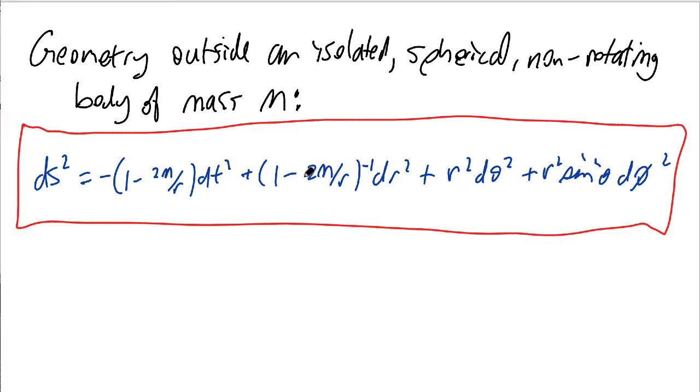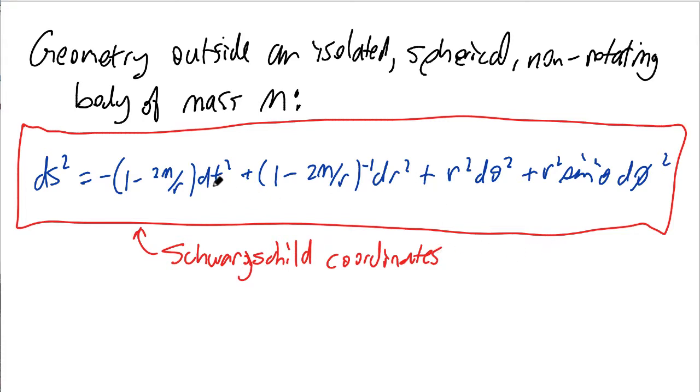Now, like any metric, it can be written in lots of different coordinates. The particular coordinates that I've used here are called Schwarzschild coordinates. So these are the coordinates t, r, theta, and phi.